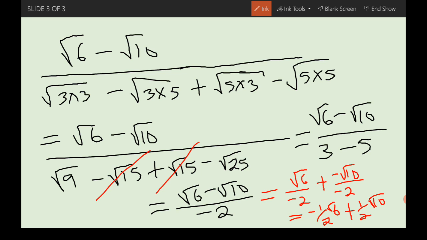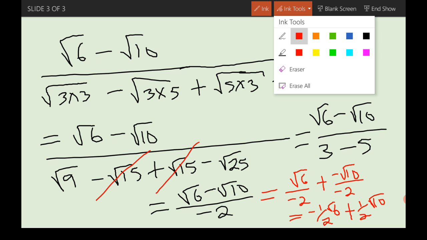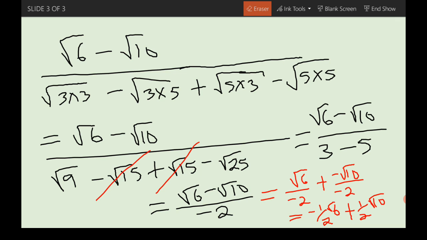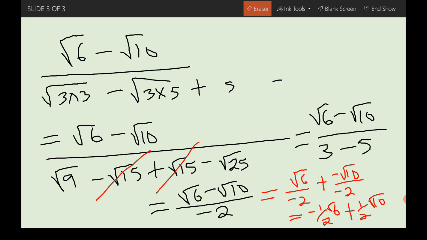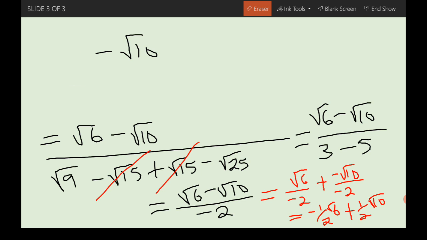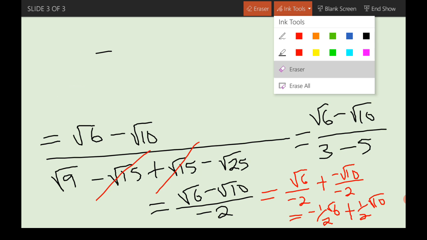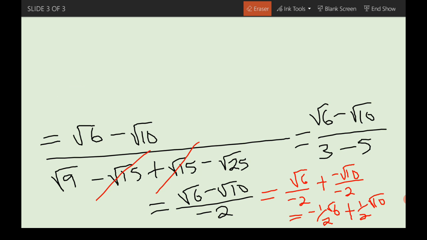Why am I having this? I'm having this because sometimes they may say rationalize the denominator and write your final answer in the form a square root of b plus c square root of d.